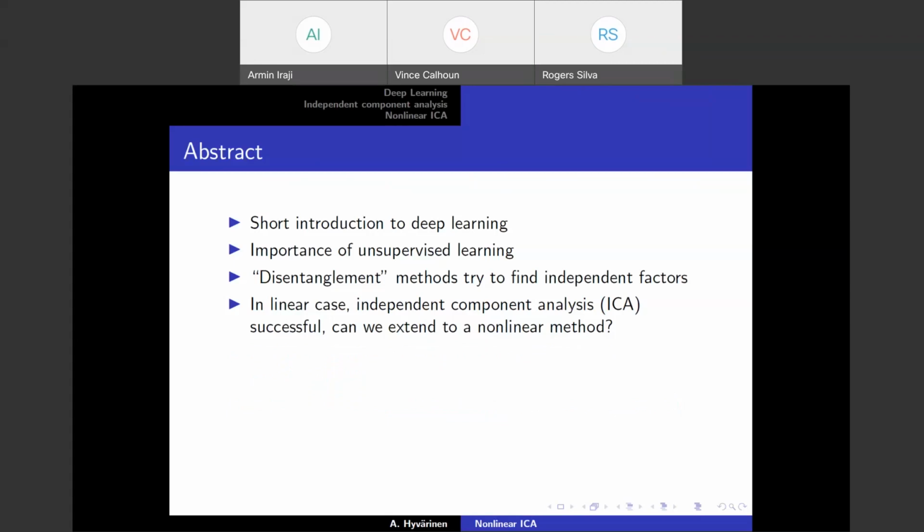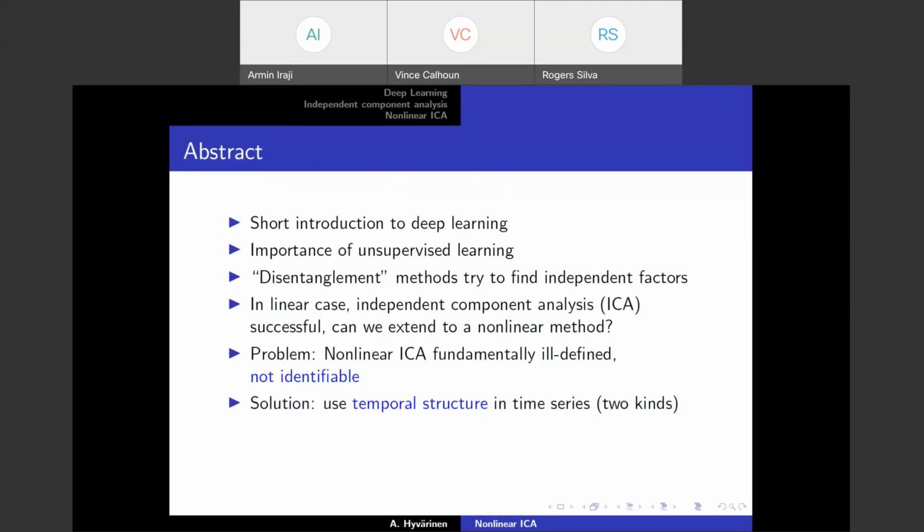So then the question that I'm posing here fundamentally is whether and how we could extend this to a nonlinear method. Now, we immediately run into a problem, which is that nonlinear ICA, as opposed to linear ICA, is fundamentally an ill-defined problem in the sense that the model is not identifiable.